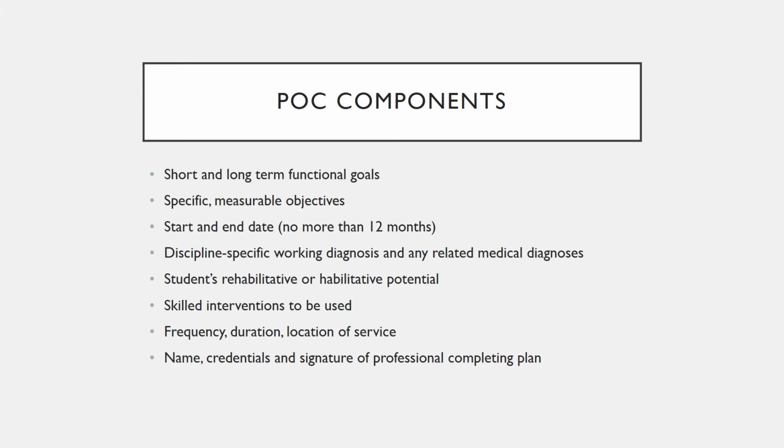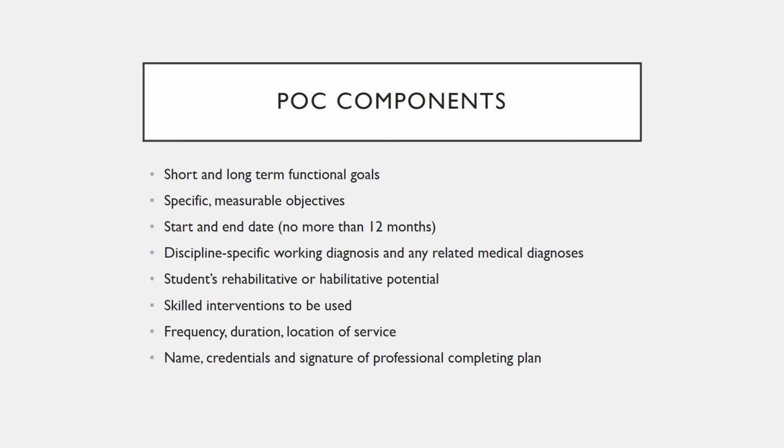Plan of care will also include discipline-specific working diagnoses and any related medical diagnoses. The practitioner should also make an assessment of the student's rehabilitative or habilitative potential and project what skilled interventions will be used in the course of care.